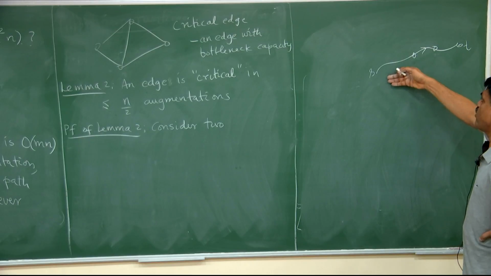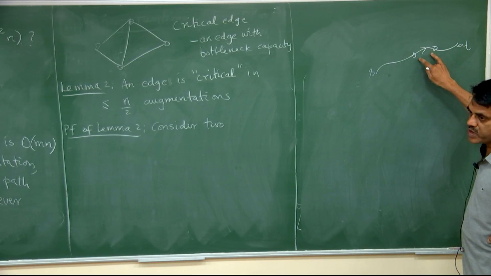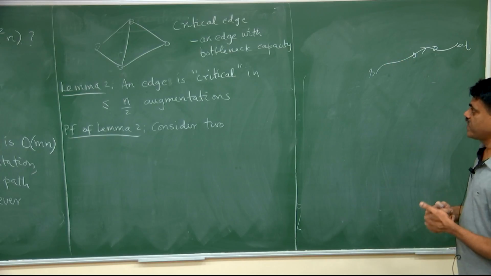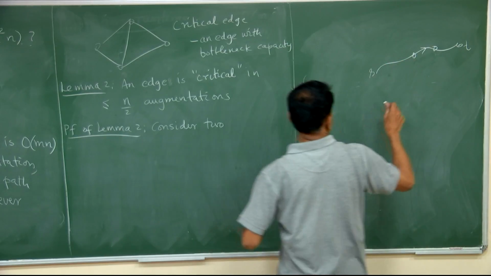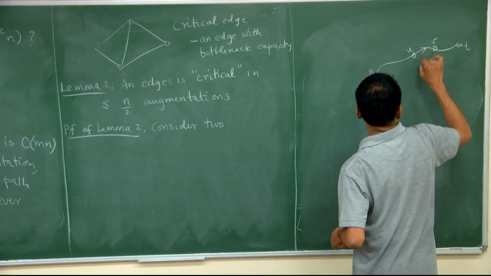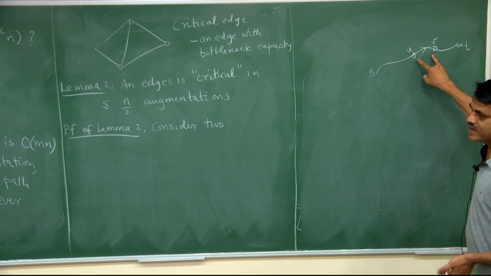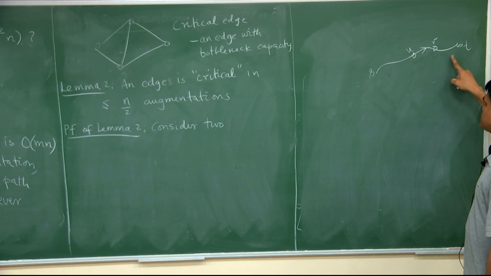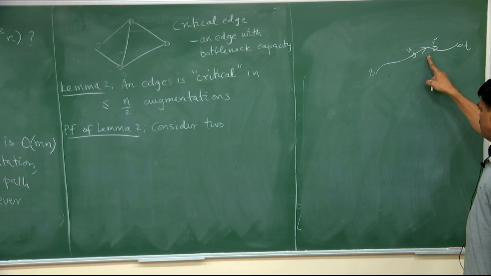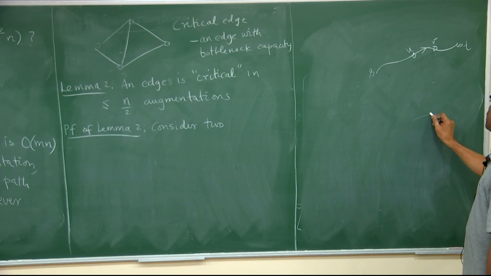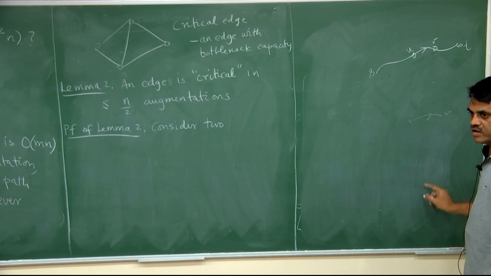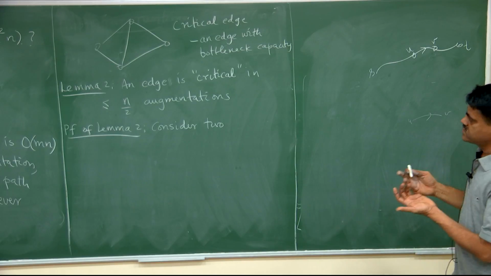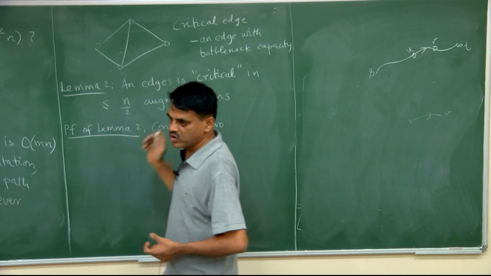So I am going to augment flow through that, and this edge becomes saturated. That's what it is, right? So now I claim that you look at an edge UV. This edge can become critical multiple times, can it? Yes, because it gets saturated here, and then maybe it comes back again, and then it can become critical again, and it can happen multiple times. So all I'm saying is an edge is critical in at most n by 2 augmentations.